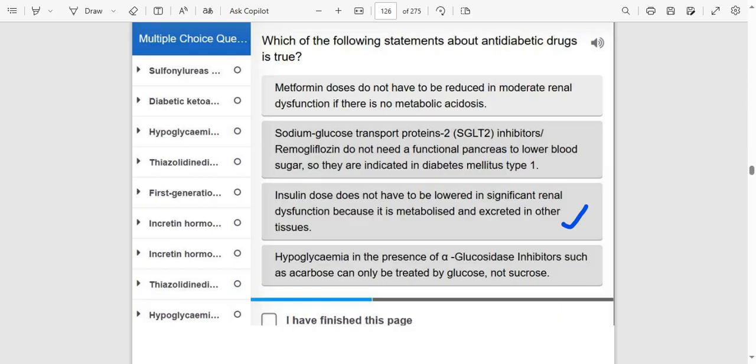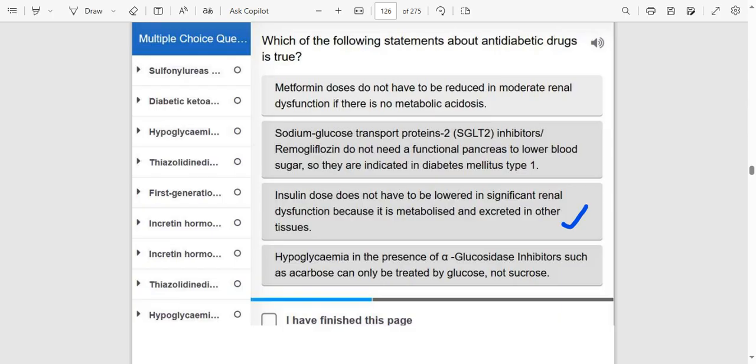It's false. Where is the metabolism and excretion of insulin? Okay.